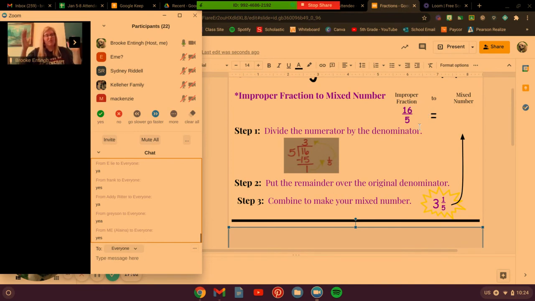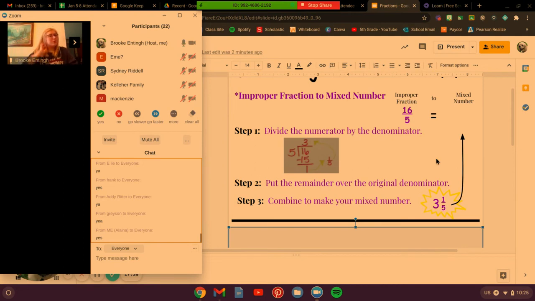All that we're doing with our improper fraction is taking the amount of pieces, because we have more pieces, 16 pieces, than we have wholes, and asking how many wholes do we have? 3. And how many do we have left over? 1/5. So that'd be like having 3 full pizzas and a 5th of a pizza left over.